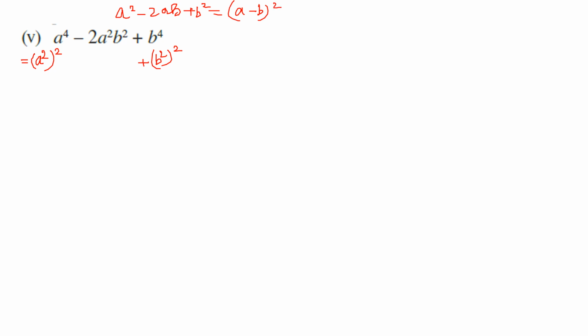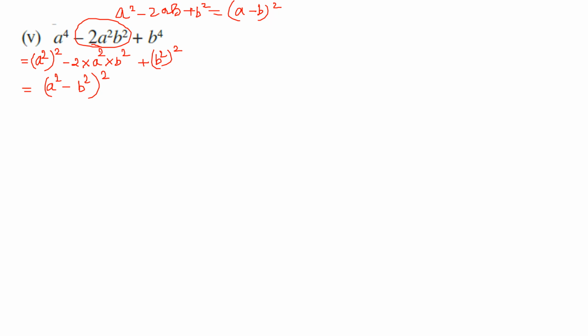Now 2 times a into b. So minus 2 into, here your a is a square, b is b square, 2 into a square into b square. And this value is coming same as this, right? So it means I can write it as a square minus b square whole square, because this is my identity a minus b whole square.